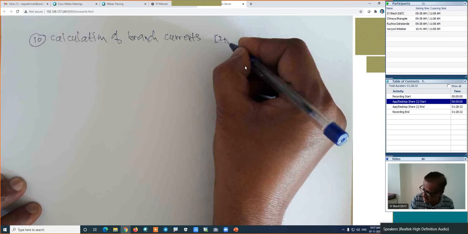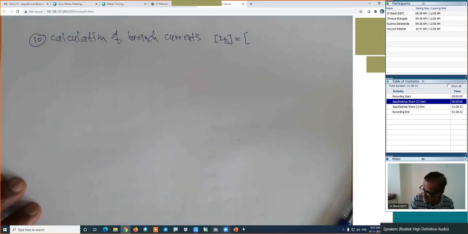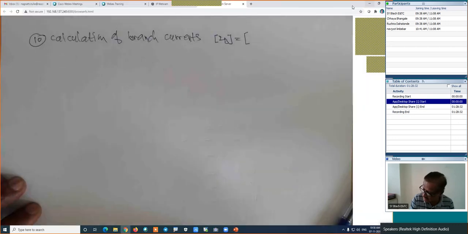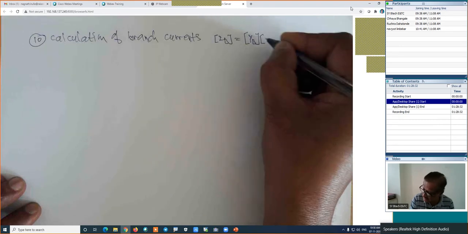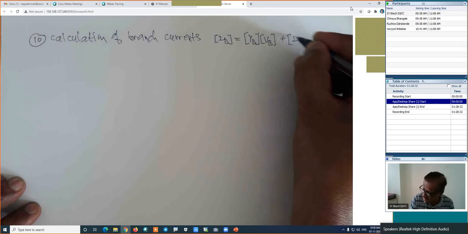This IB is equal to YB into VB plus IS. I will show the formula and come back to you. This is the last step.